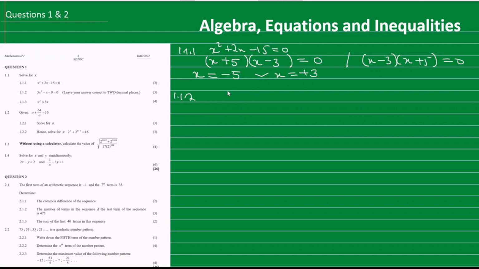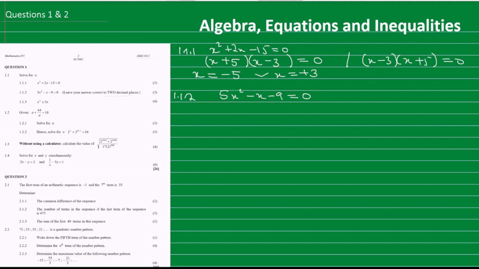Question 1.12 is 5x squared minus x minus 9 is equal to 0. The instruction in this question is to leave your answer to 2 decimal places.